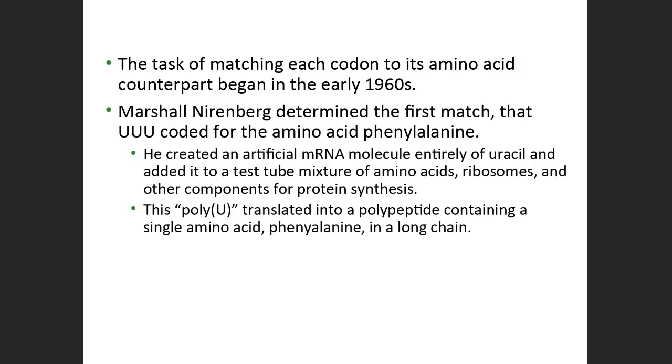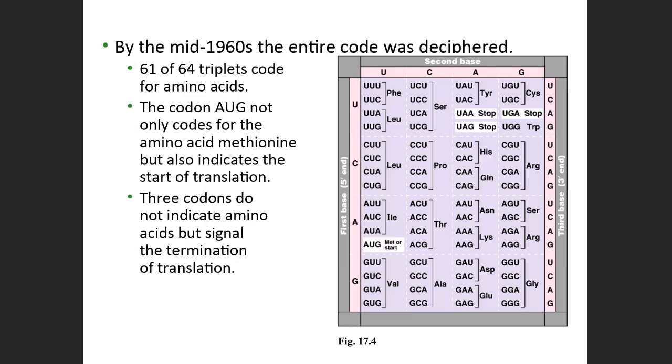And so then they started to do this with all the other different amino acids, creating synthetic RNAs with a specific codon sequence to try to determine what codon matched each amino acid. And they eventually came up with a genetic code, which we see here.